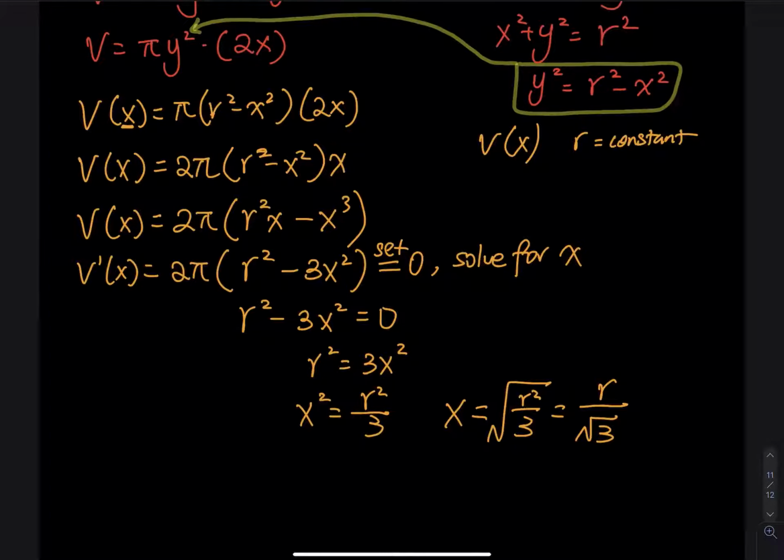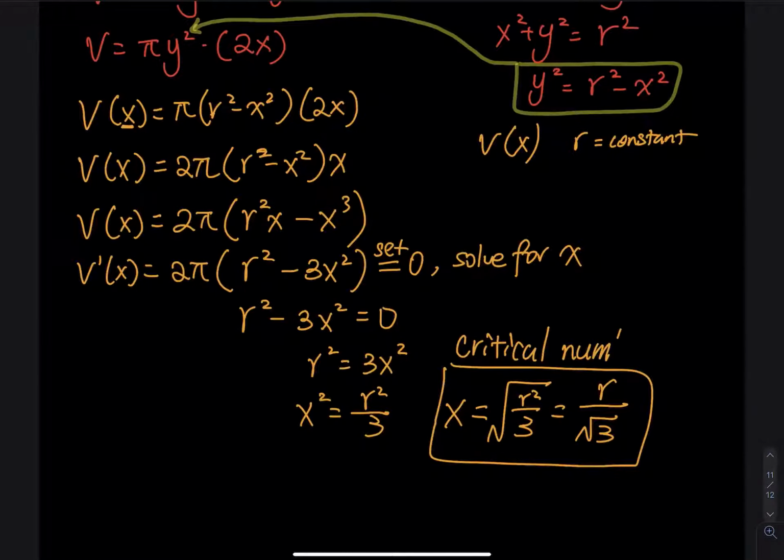Okay. And then what are we looking for? You are looking for the largest possible volume, right? So this x is a critical number. Since you are looking for the largest volume, you are looking for a maximum volume.